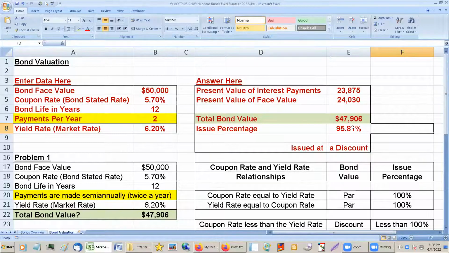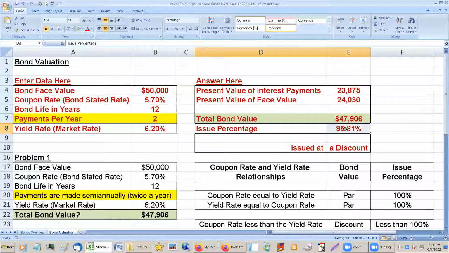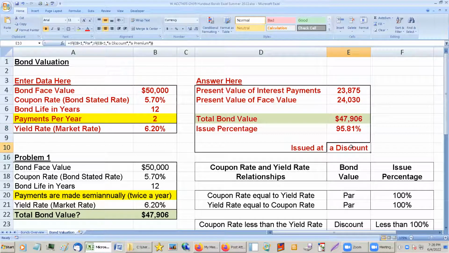So it's because people are buying different amounts of the bonds. We use this to figure out how much they are going to pay for them. And so that bond was issued at a discount, because of these two.